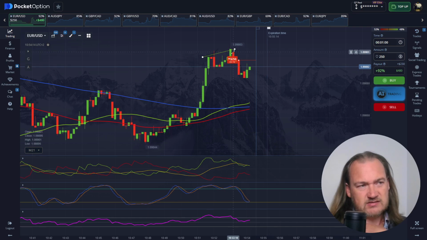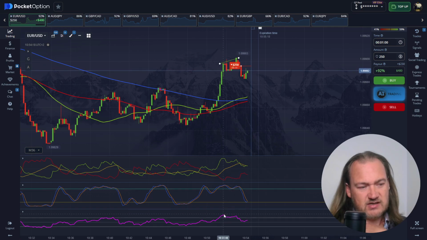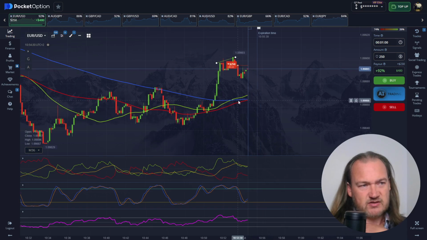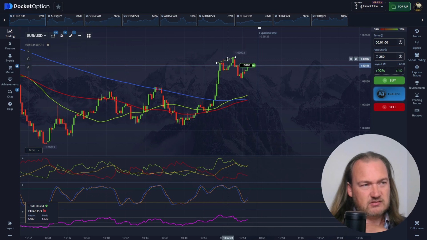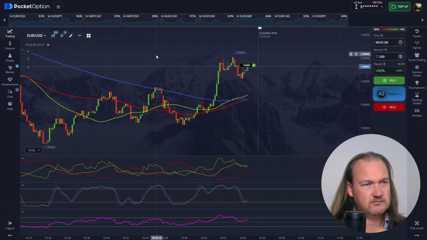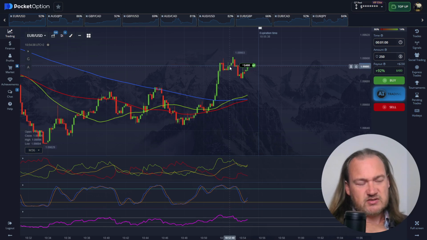And then started coming down again. My indicators, both the RSI and the stochastic, did not make new highs on their peaks. So this peak is lower than this one. This peak here on the RSI was a little bit lower than that one. So that's normal bearish divergence. And we got 2 seconds left. There we go. Good trade. Okay, so that's normal bearish divergence.